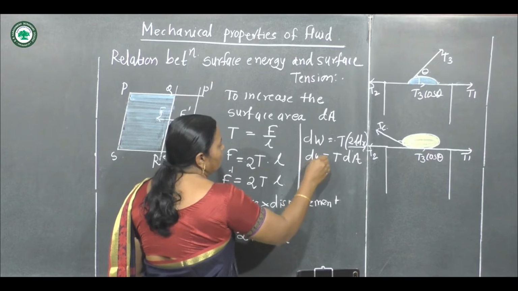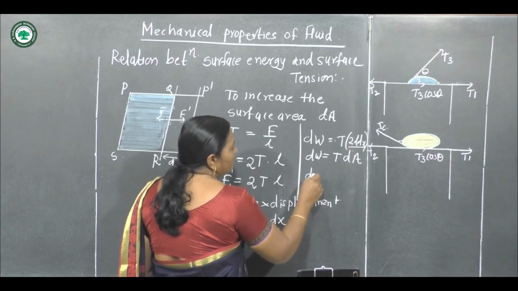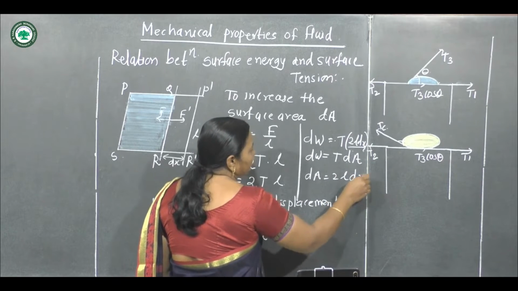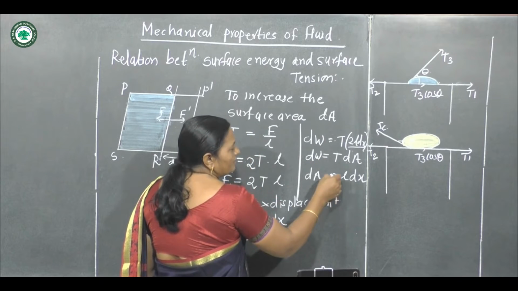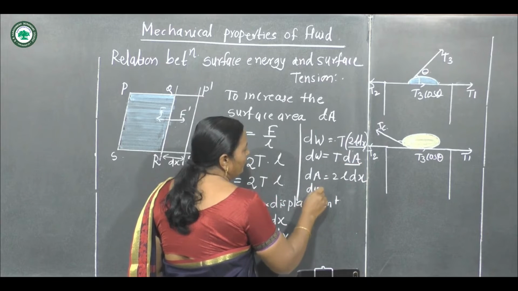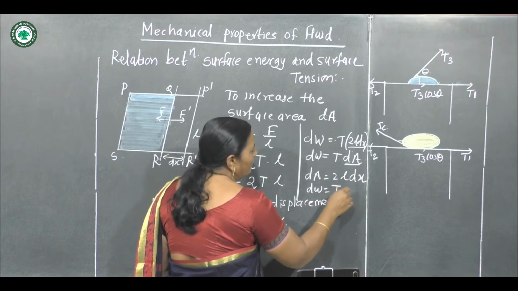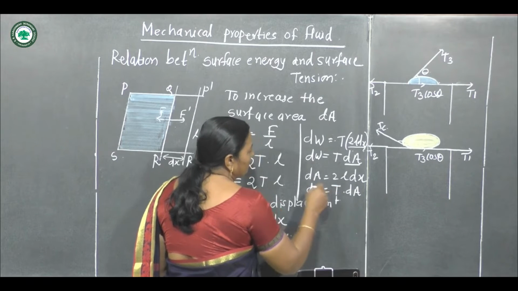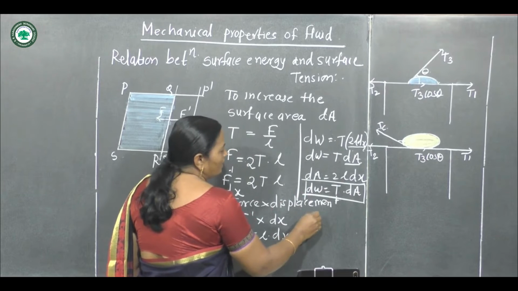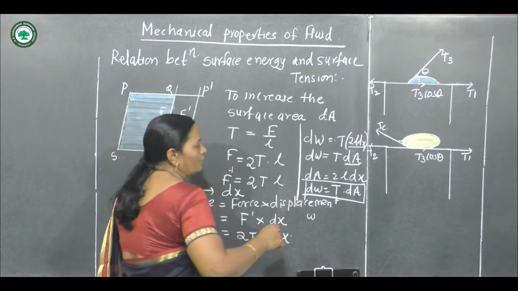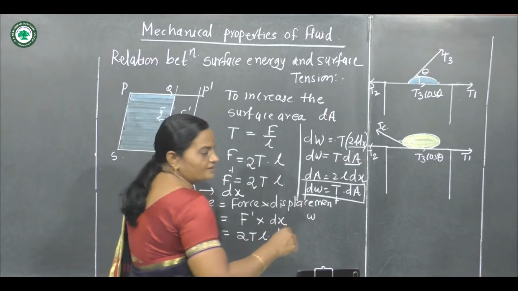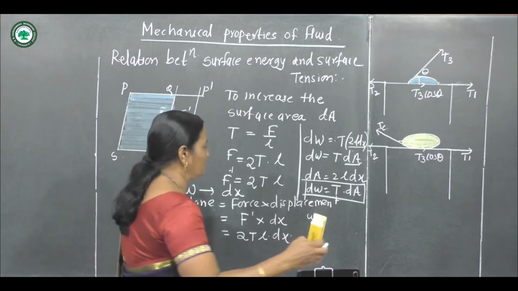We can substitute dA equal to 2L dx. Therefore we get dW equal to T into dA. This is the work done, and it is stored in the form of potential energy, and it is called surface energy.